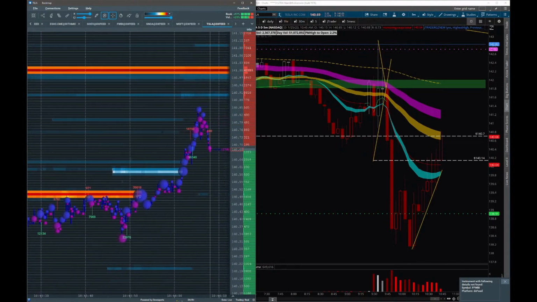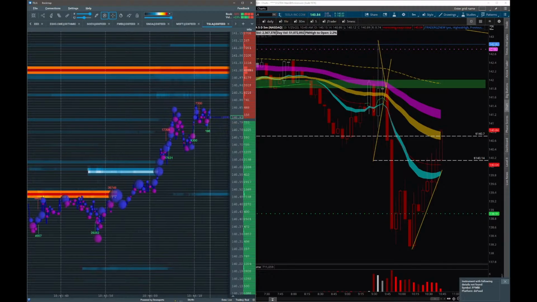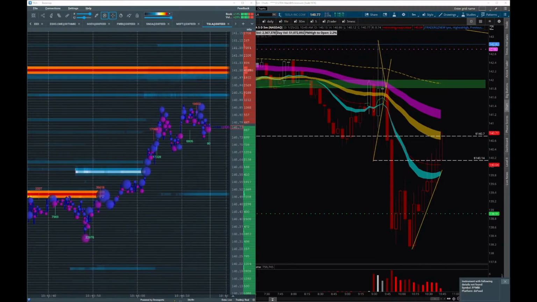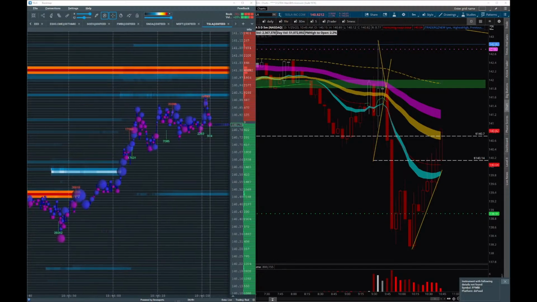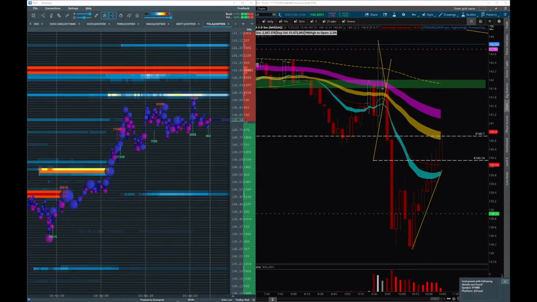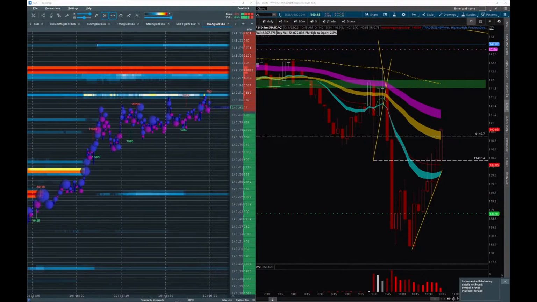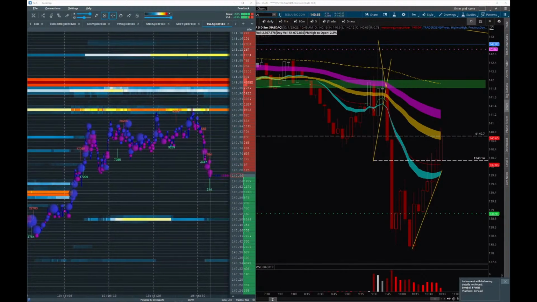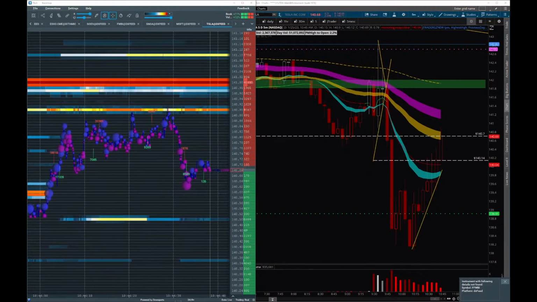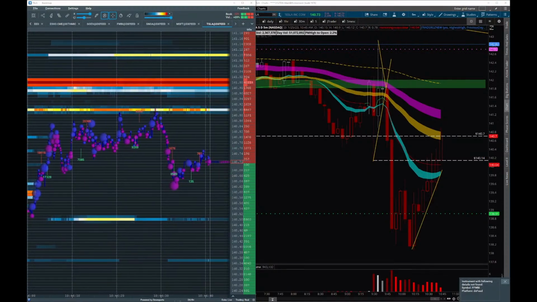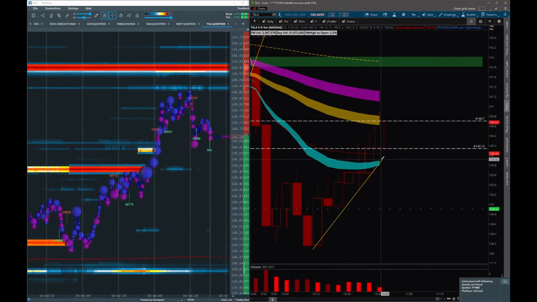You can see how they broke over here the 140.50s, and it's simply uptrending, so strong. Not fighting that trend, just waiting over here.